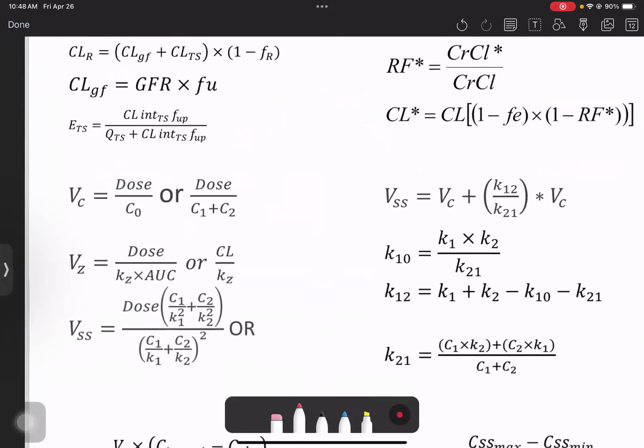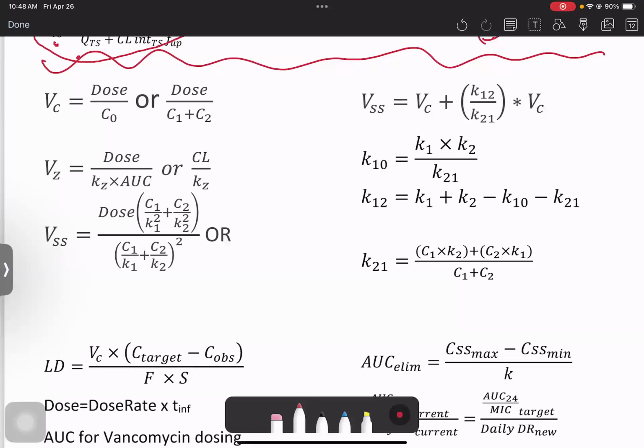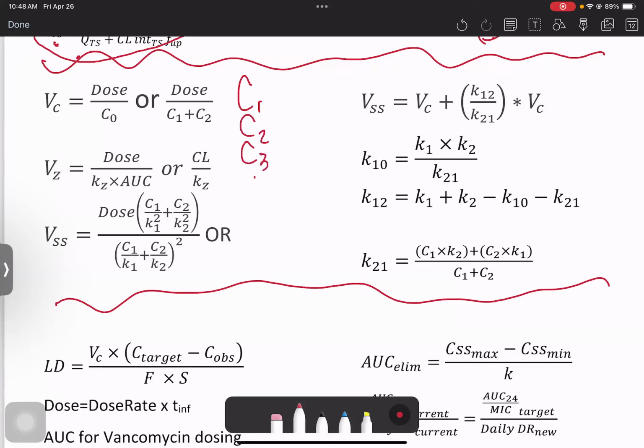Then as we move on, this is all multi-compartmental, right? How we can use multi-compartmental, the macro constants, which are your y-intercepts, however many you have, and your slopes of your elimination lines for each of those compartments, right? Those are your macro constants. And your micro constants are the movement between compartments, right?